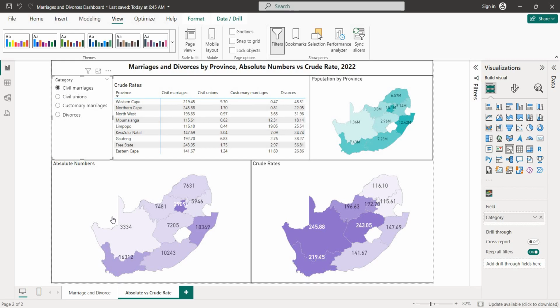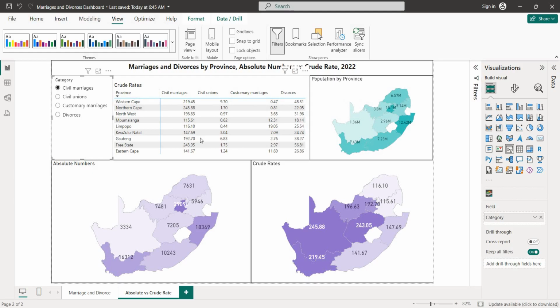So in this panel, I compare the two. I look at absolute numbers and the crude rate, the crude rate accounting for population values in the provinces.